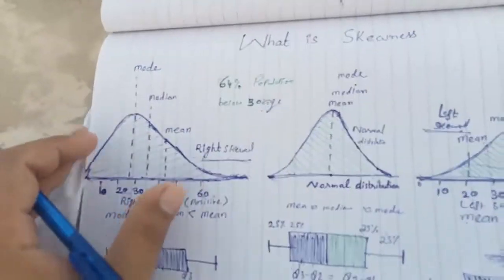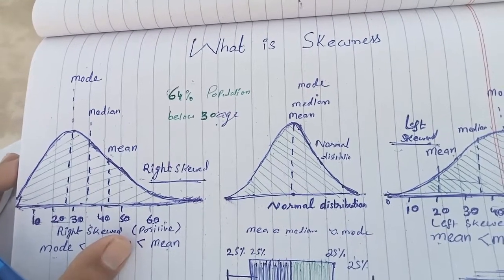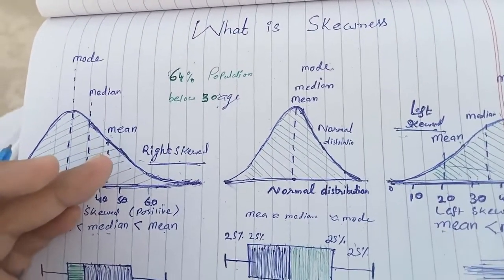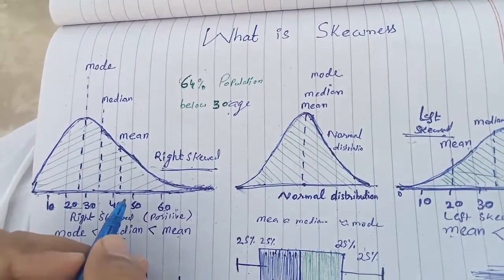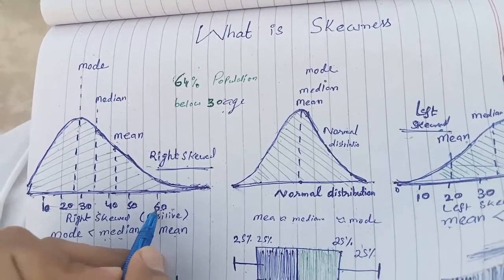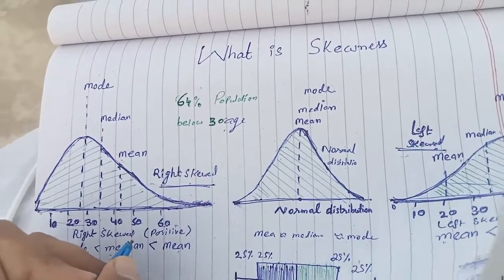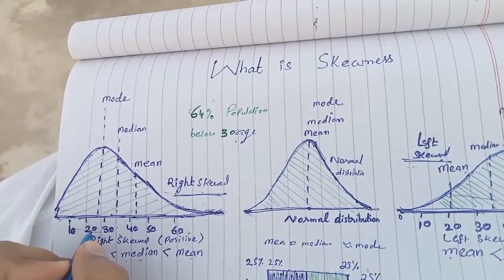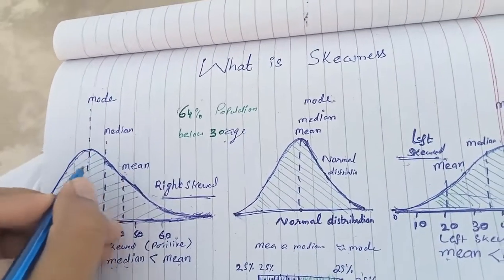Another example of the right skew I can give here. For example, if we talk about Foodpanda and the Foodpanda delivery boy, right? I have a data set of Foodpanda delivery boys, and this data set represents the age of those delivery boys, right? Now we can see here the age group between 20 to 30, there are a lot of data set here.